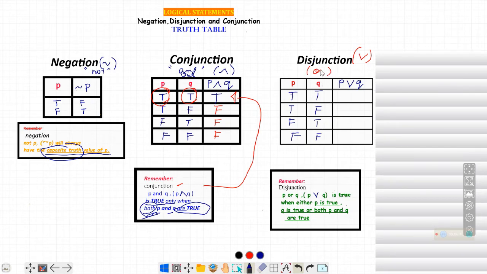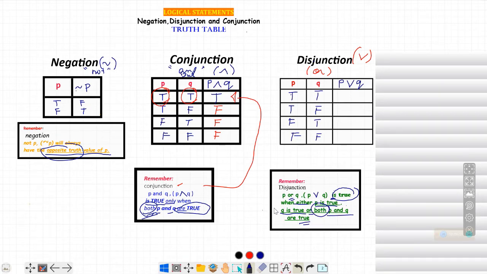In a disjunction, P or Q is true when either P is true, Q is true, or both P and Q are true.